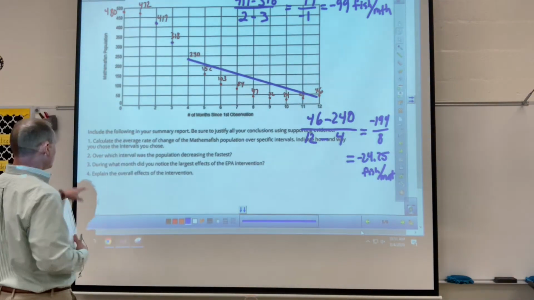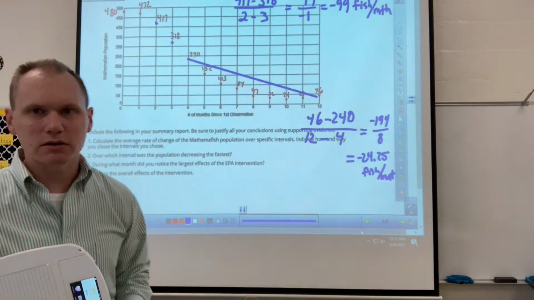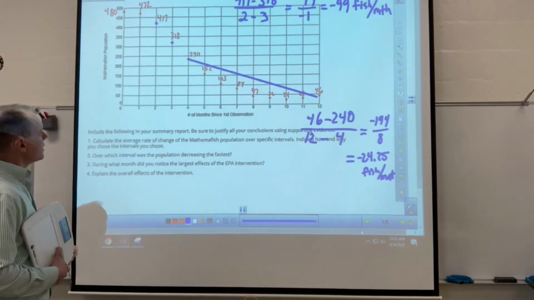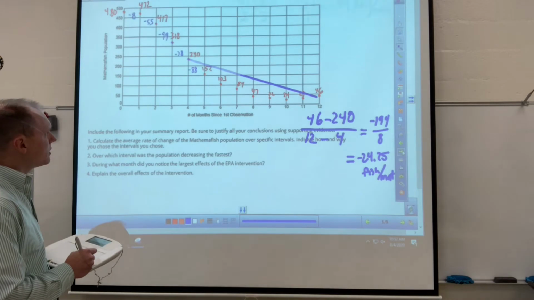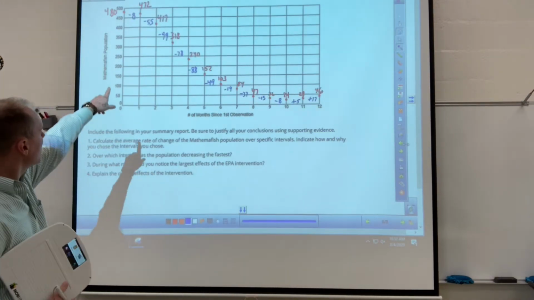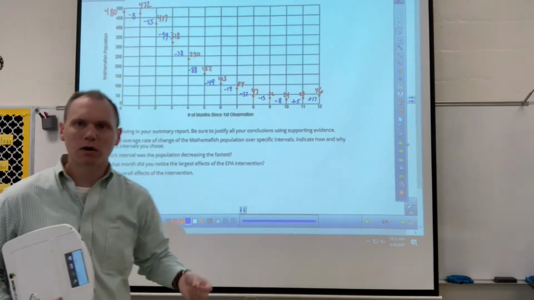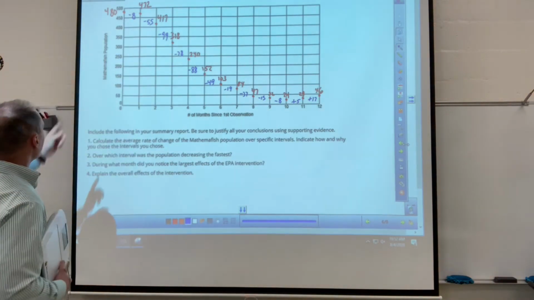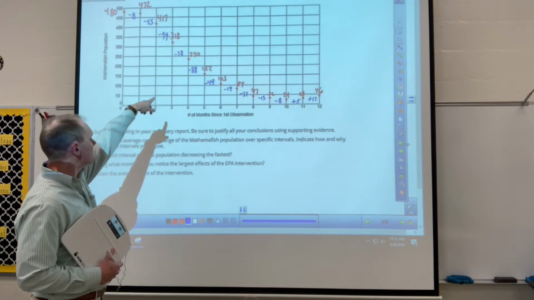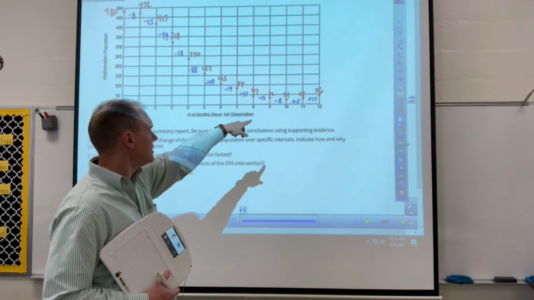So our next question is, over which interval was the population decreasing the fastest? We can think through that by looking at a couple different things here. One is, I've written down the amount of fish that it changed each month. So we went down 8 the first month, 55, 99, 78, 88, 49, 19, 37, 15, 8, and then we started going up.